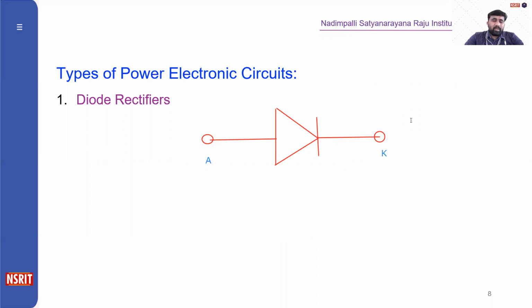So this is the symbol of the diode. What the diode will do is convert from AC to DC. That's why it is called a diode bridge rectifier or diode rectifiers. Diodes are majorly treated as rectifier switches. How it converts and all these things we can explain later.